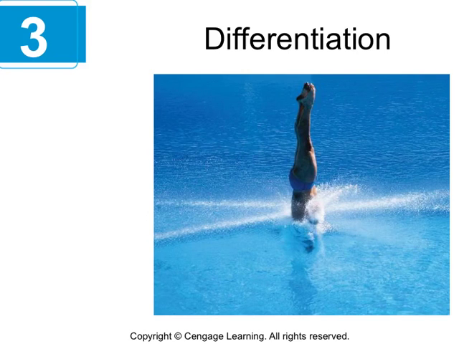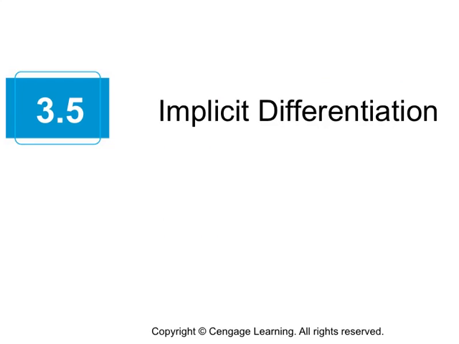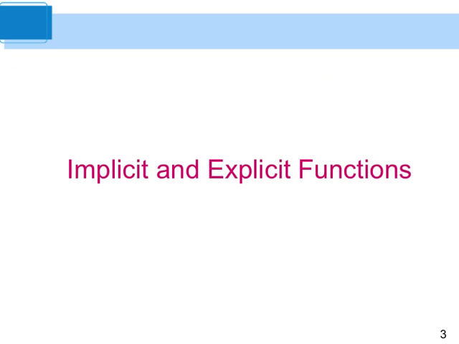Okay, this is the next section in section 3.5, implicit differentiation. And what you want to know first is the difference between an implicit equation and an explicit equation or function.